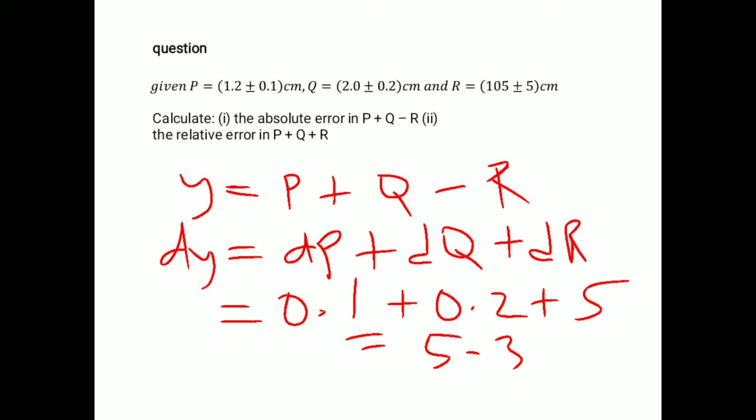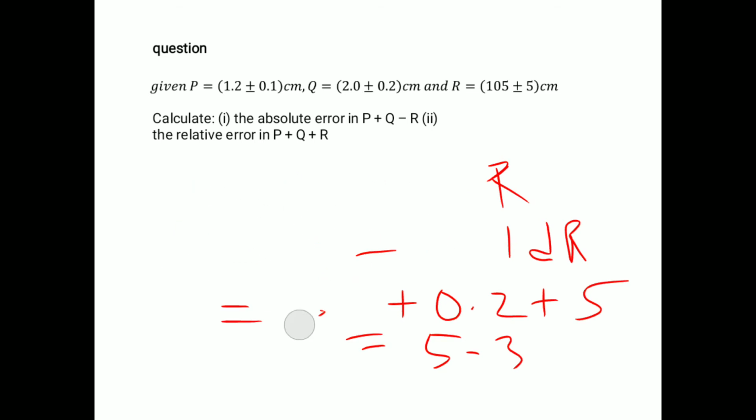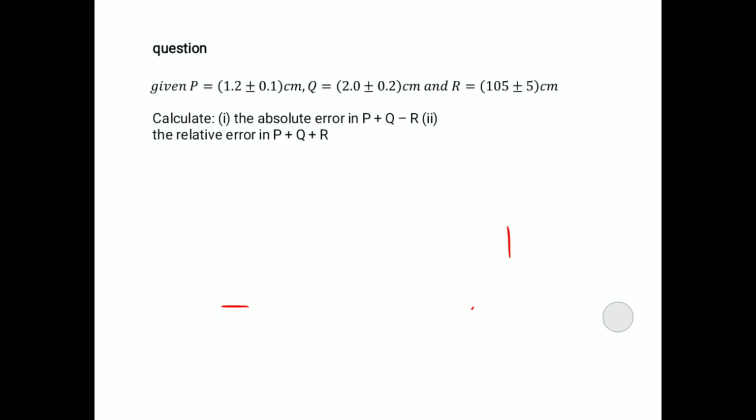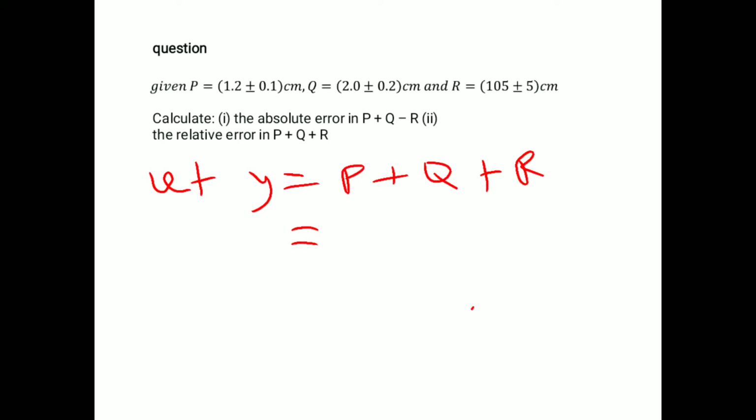Now the next is the relative error in P plus Q plus R. If we are to find the relative error in P plus Q plus R, let Y be equal to P plus Q plus R. First of all, my P is 1.2, plus my Q is 2.0, then my R is 105, which if we add, I think 108.2.